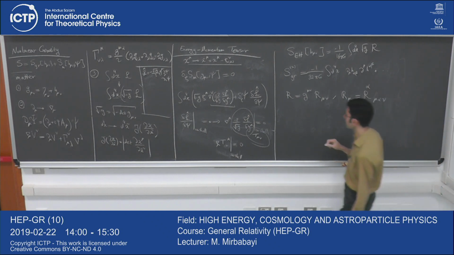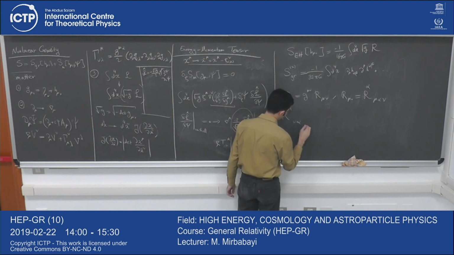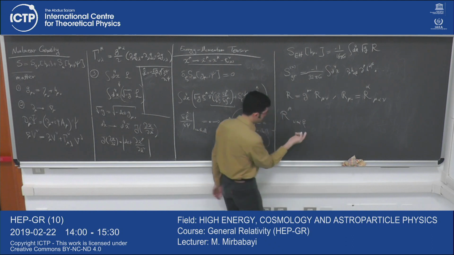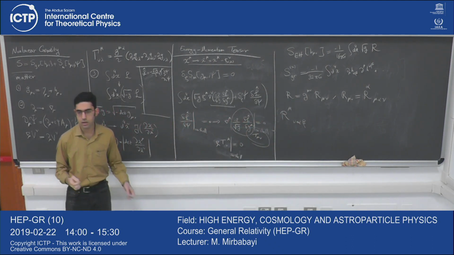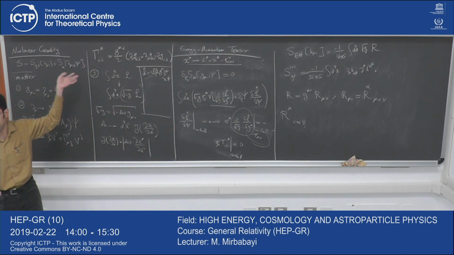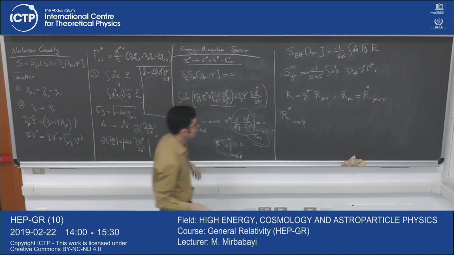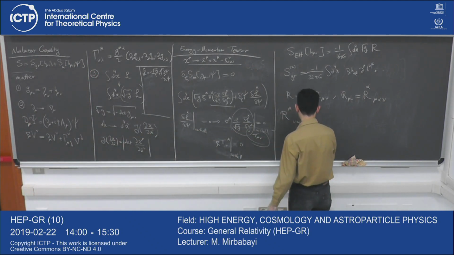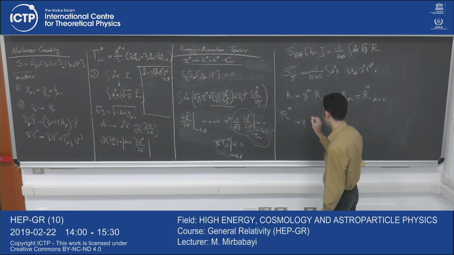Now what is the Riemann tensor? The Riemann tensor is a rank 4 tensor, as you can see, which is constructed out of the derivatives of the Christoffel symbol. So at the end of the day, it's just some second derivative expression in terms of the metric.